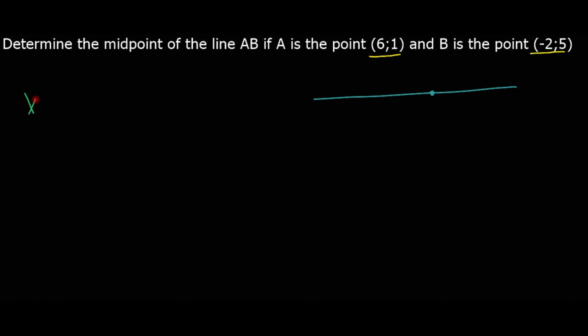We will find the midpoint of x, x1 plus x2 divide by 2. But the first thing, we will name our coordinates. Let's say this one is x1, y1, which means this one will be x2 and y2.